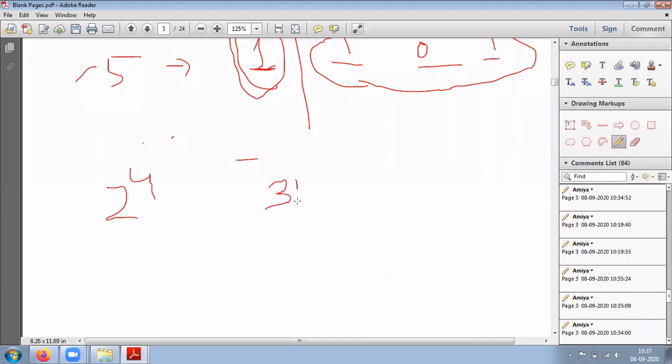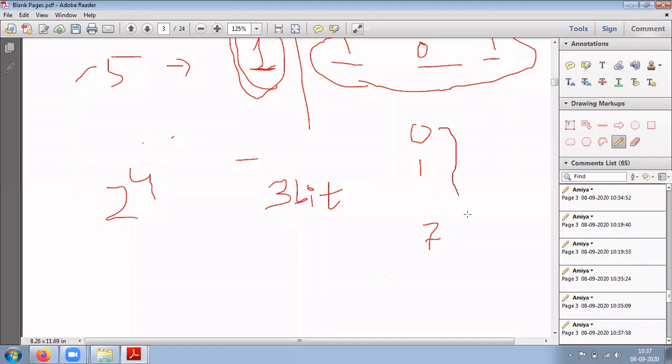In 3 bits, how many numbers can I represent? 7 numbers? No, 8 numbers, from 0 to 7.